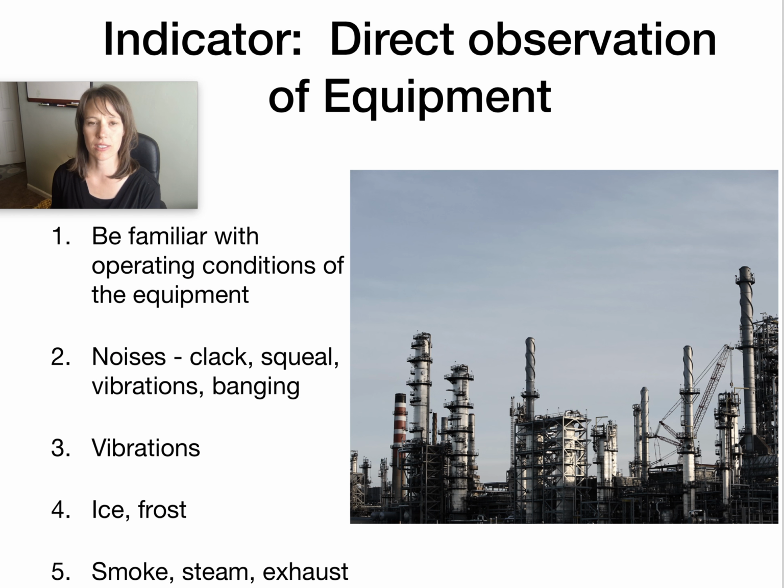So the second way that we might observe some system upsets or problems with the system or the equipment is actually direct observation of the equipment. If you're on site in the plant, you should be familiar with the operating conditions of the equipment, monitoring regular everyday equipment use, maintenance, operations, and know how that equipment operates.